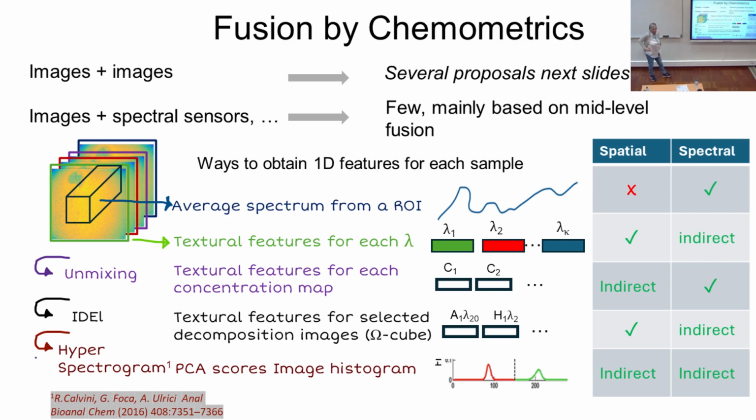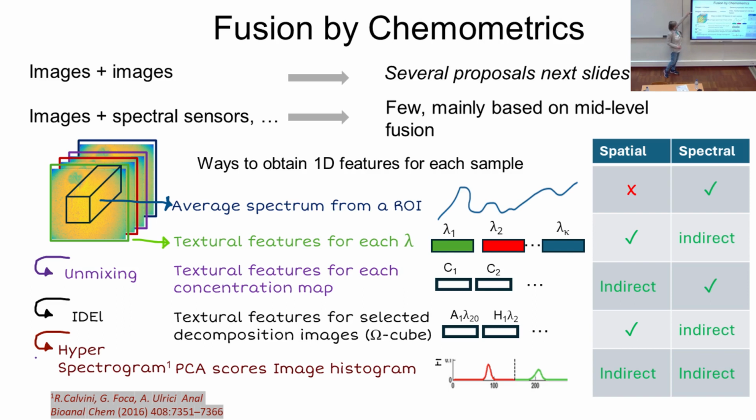And with this slide, what we try to figure out is what we may need to fuse, coming back to the first slide of the presentation. We may need to fuse images that come from different techniques, and we will see something afterwards.